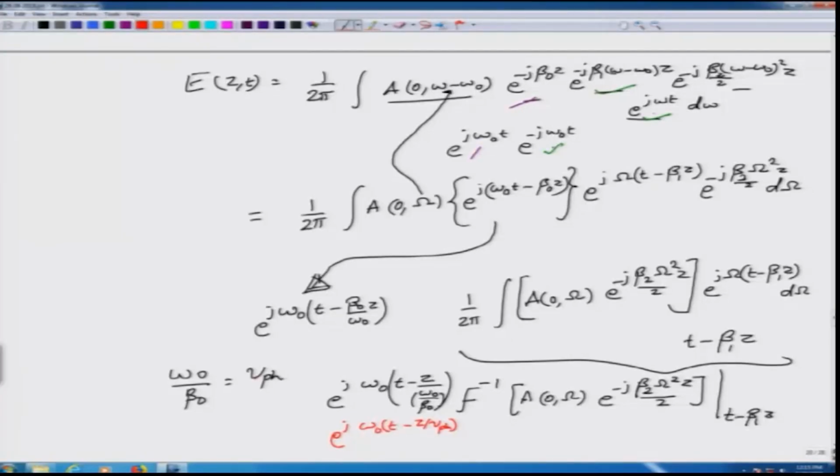Okay. Normally we talk about delay per unit length. That means your normalized delay or delay per unit length is given by 1 by Vph, okay, and Vph itself is inversely proportional to beta_0. Okay. The term on the right hand side is essentially how the fiber has modified the spectrum.